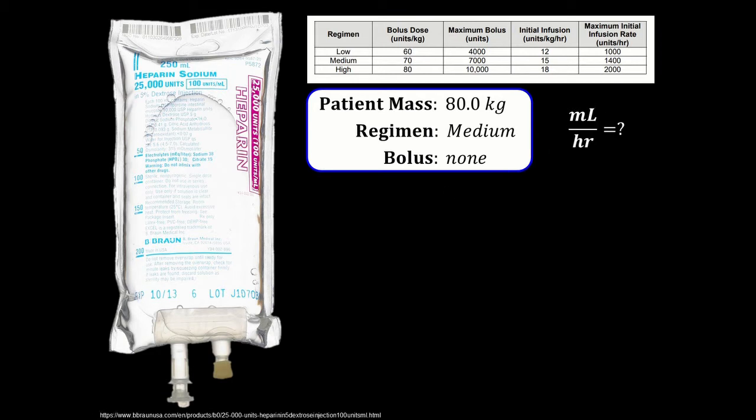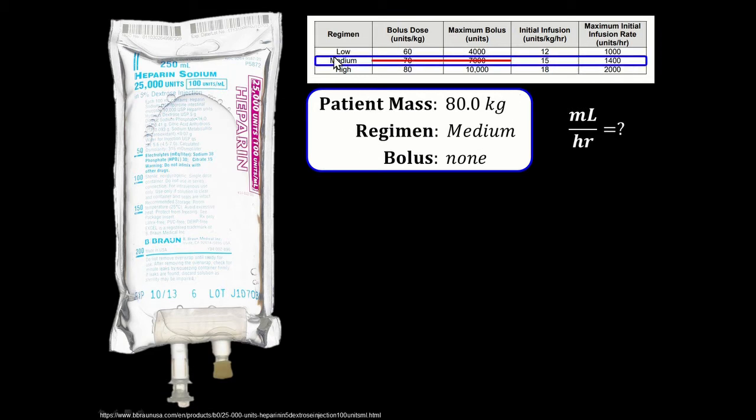And truly, if you get this wrong, you can kill your patient. So we're going to take some numbers here, and we're going to divide those numbers, we're going to multiply those numbers, and you have to decide, do you multiply or do you divide? We're going to let the units tell us what we need to do.